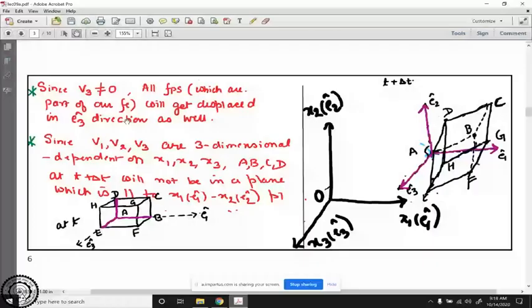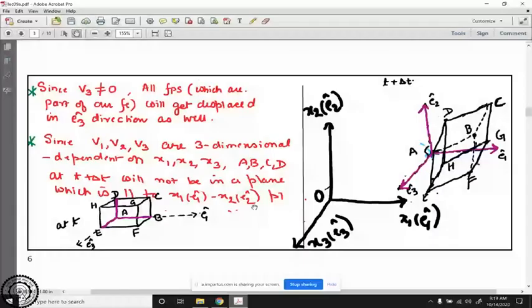Further, since V1, V2, V3 are three-dimensional, which means dependent on x1, x2, x3, when A, B, C, D get displaced by their local velocity vectors, the resulting positions that they achieve at t plus delta t will, in general, not be in a plane parallel to x1 e1 and x2 e2.